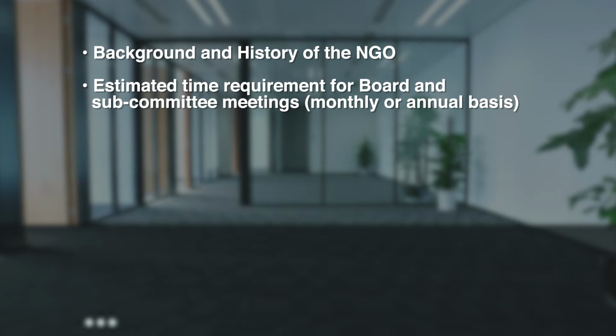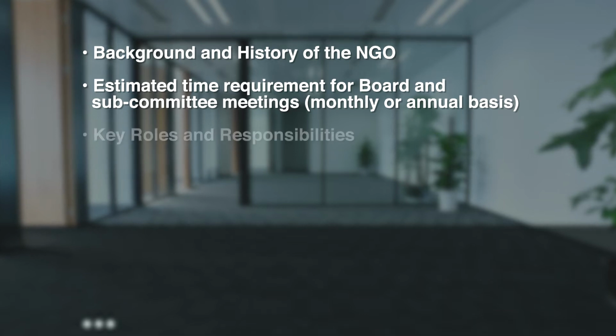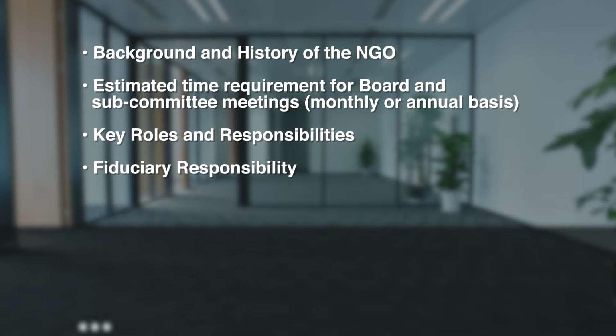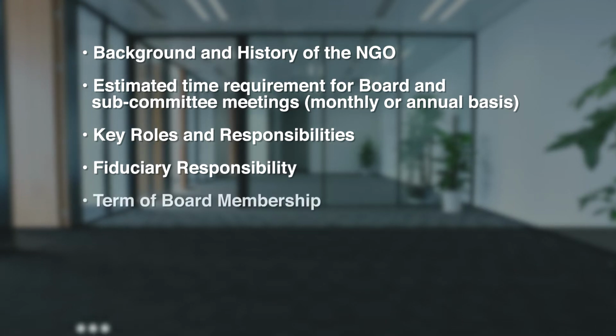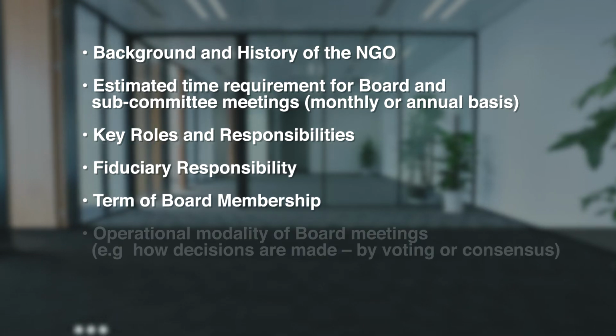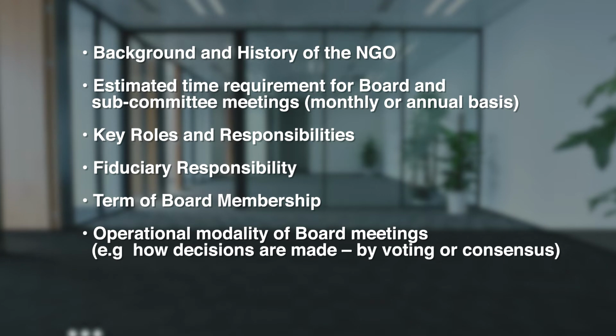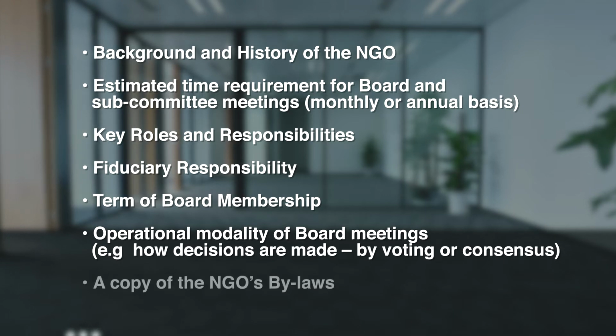These could be on a monthly or annual basis. Key roles and responsibilities, fiduciary responsibility, term of board membership, operational modality of board meetings, for example, how decisions are made, either by voting or consensus, and a copy of the NGO's bylaws.